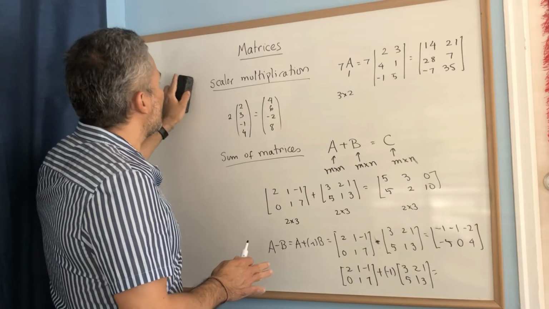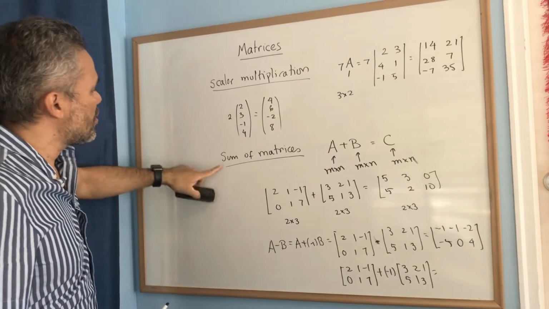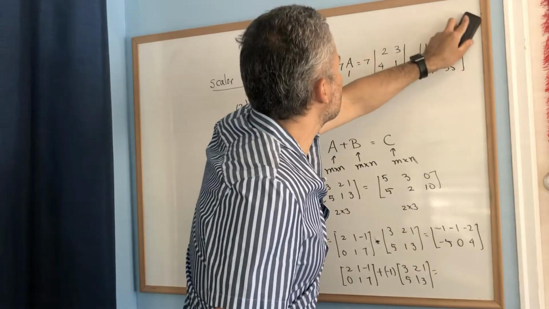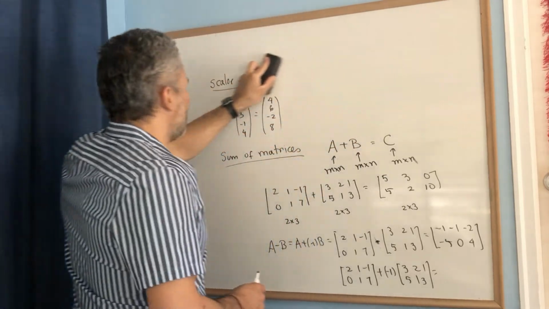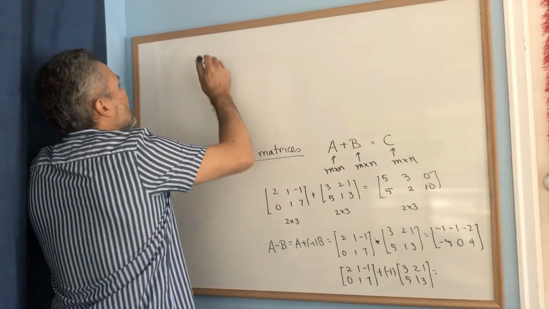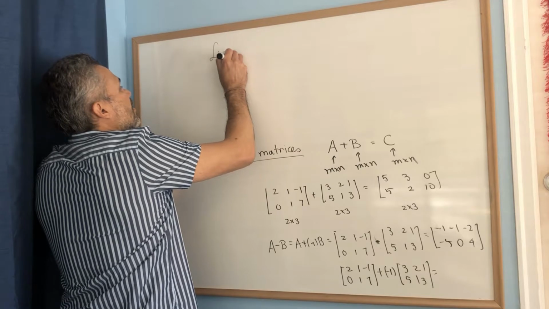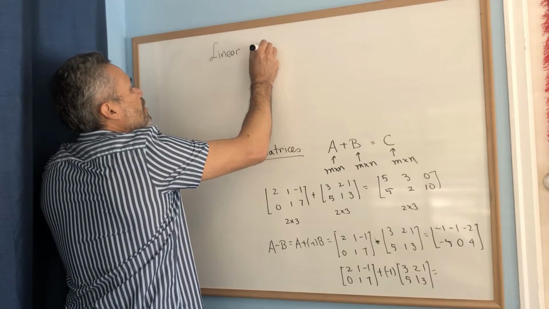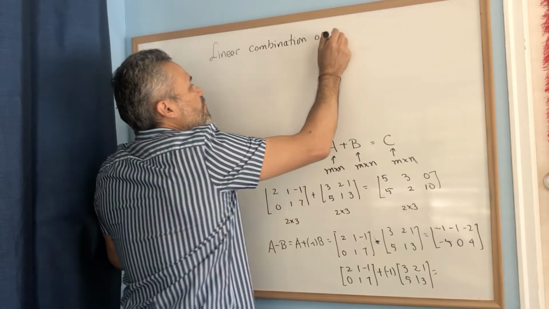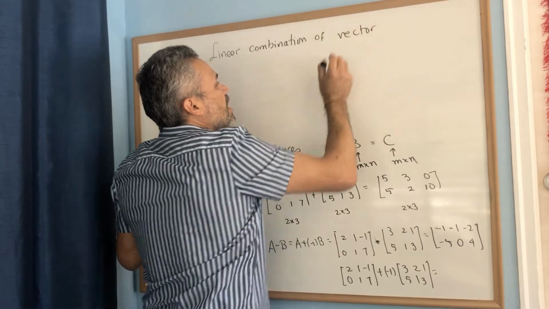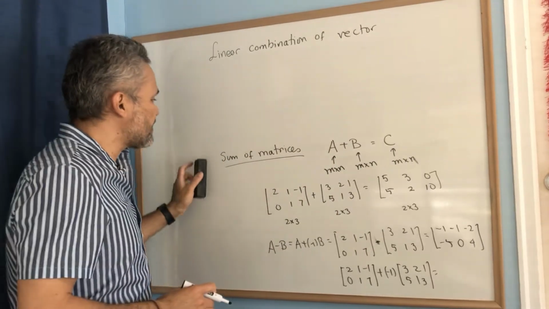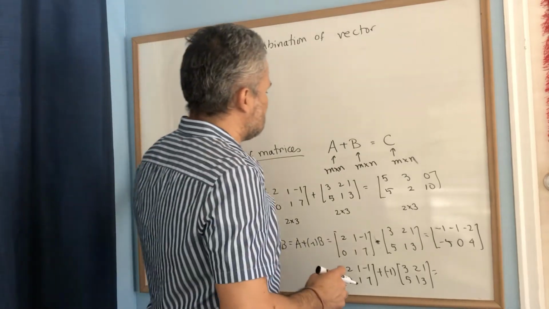With this notion of scalar multiplication and sum of matrices, I can define a linear combination, the notion of a linear combination of vectors. In order to talk about a linear combination of vectors, we need to have vectors of the same size.